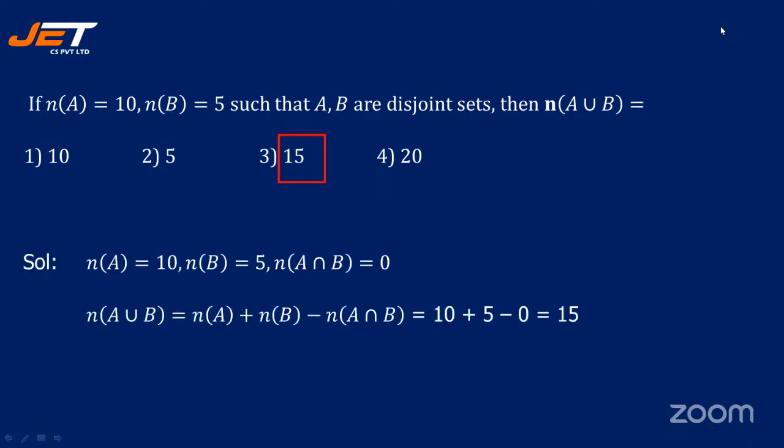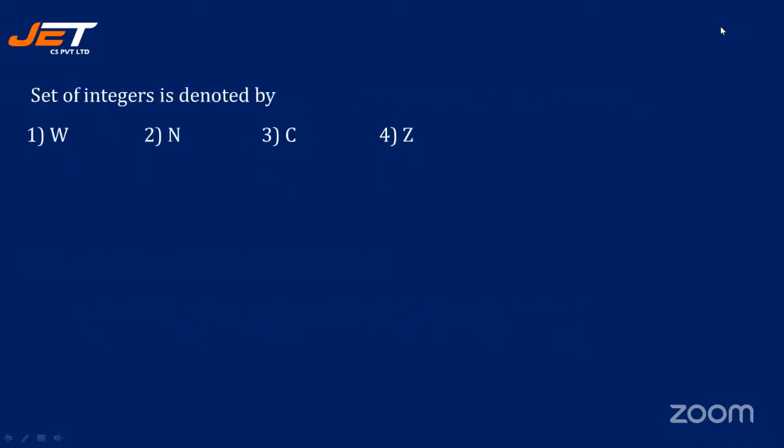You can see the explanation over here. n of A is 10, n of B is 5. n of A intersection B is 0. So we know the formula n of A union B is n of A plus n of B minus n of A intersection B, which is 10 plus 5 minus 0 is equal to 15. Right? So good that most of you have given me the right answers.